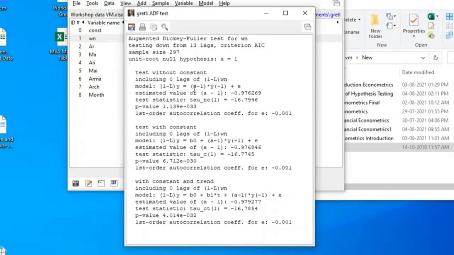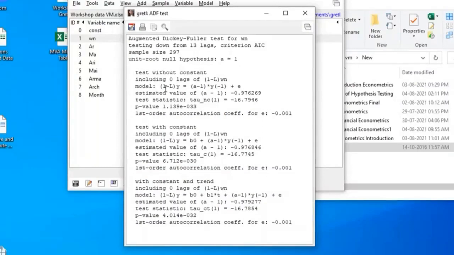And we know that if the P value is less than 5%, then we will reject the null hypothesis. Now this P value we know is E minus, E minus means 0. Here also E minus. And in this case, that is also E minus.